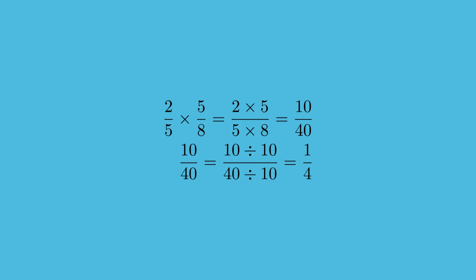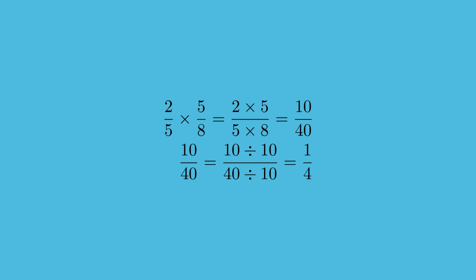To solve the problem of multiplying 2/5 by 5/8, we start with the first fraction, which is 2/5. Then we multiply this number by the second fraction, which is 5/8. Multiplication of fractions is a straightforward process. We simply multiply the numerators, the numbers on top, and then we multiply the denominators, the numbers on the bottom.